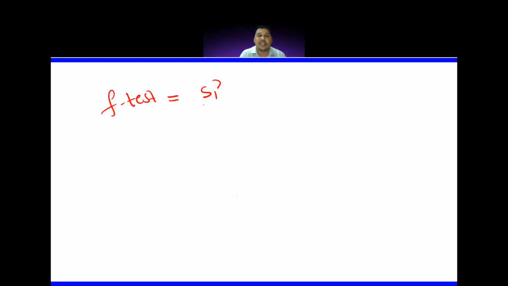F test is given by the variance of sample 1 divided by the variance of sample 2. And it is always believed that the sample which has larger variance should be on top. So you have a sample S1 of size N1, and a sample S2 of size N2.